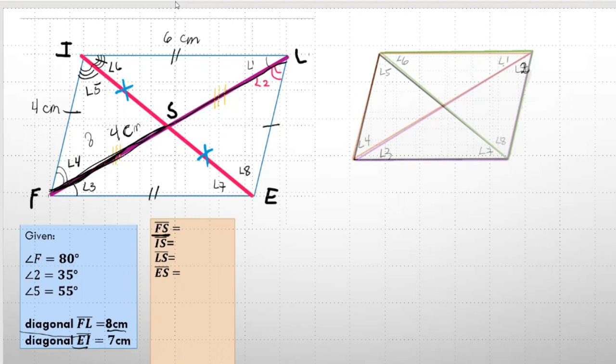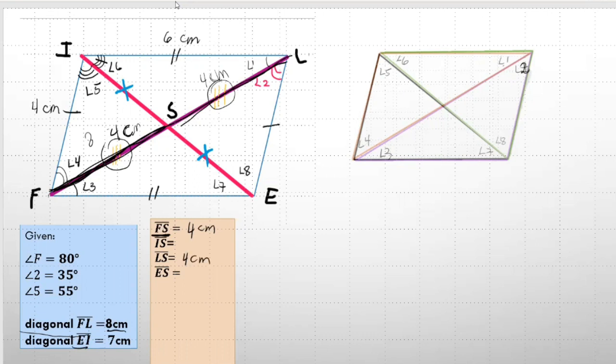Since ang FL natin is 8 cm, therefore, kapag dinivide natin siya into two equal parts, this is 4 cm and LS natin is 4 cm as well. Bakit siya 4 cm? We have the symbol that they have the same measurement. Okay, so FS is 4 cm and yung ating LS is also 4 cm.